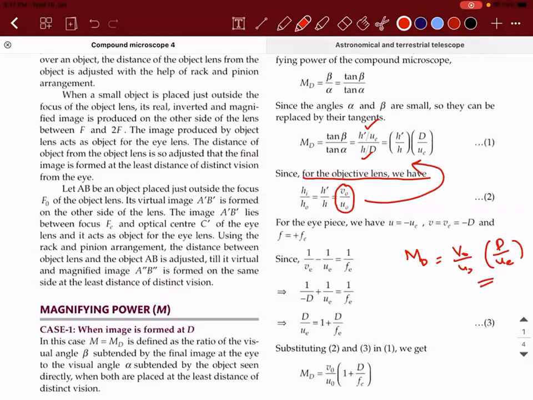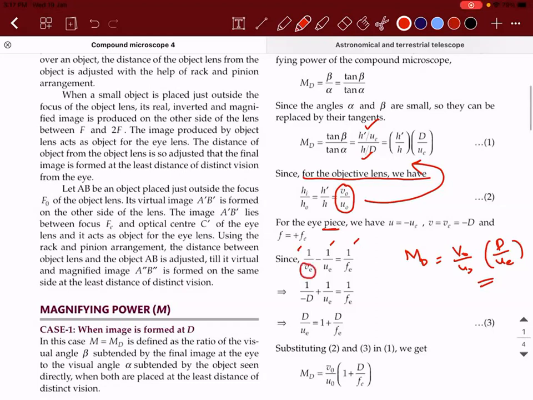But for D divided by UE, we'll apply the lens formula for the eyepiece. So when you apply the lens formula for the eyepiece, 1 by V minus 1 by U is equal to 1 by F, where VE is the image distance with respect to the eyepiece, UE is the object distance with respect to the eyepiece, FE is the focal length of the eyepiece.